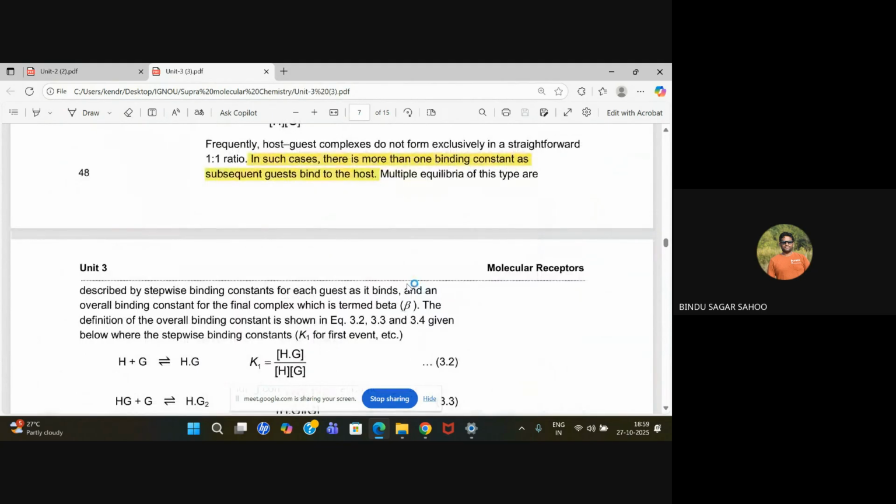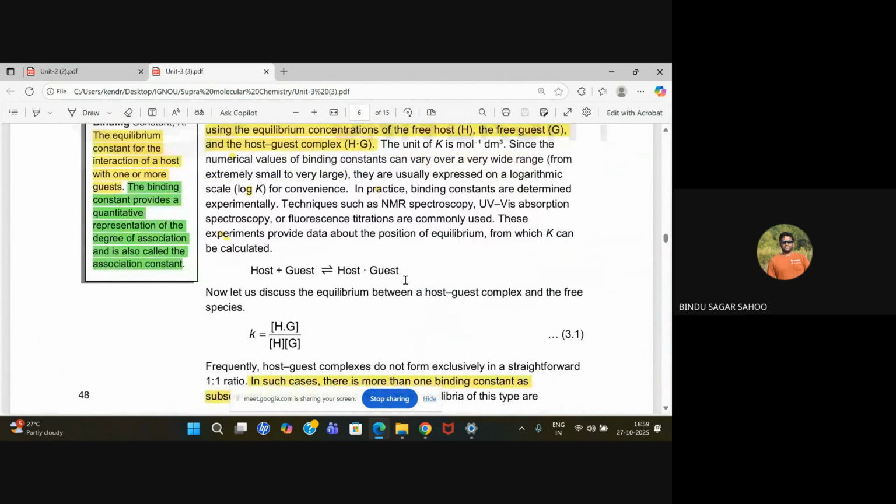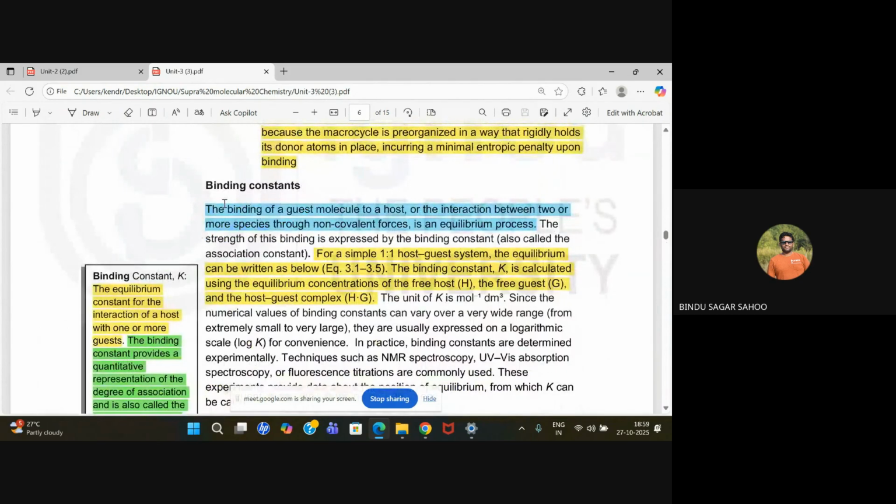So first we need to check their definitions and their theoretical expressions. The binding of a guest molecule with a host, or the interaction between two or more species, occurs particularly through non-covalent forces. And this interaction is an equilibrium.